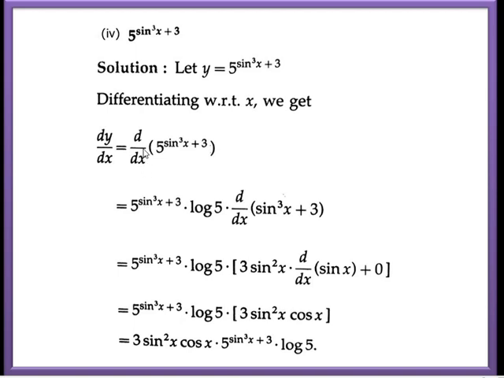It is derivative of 5 raised to u, which is 5 raised to u log 5 into du dx by chain rule. That is derivative of sine cube x. Now what is sine cube x? It is cube of sine x. So I consider sine x as, say, v. What is derivative of v cube? 3v square into derivative of sine, which is nothing but cos. So this is the final answer.